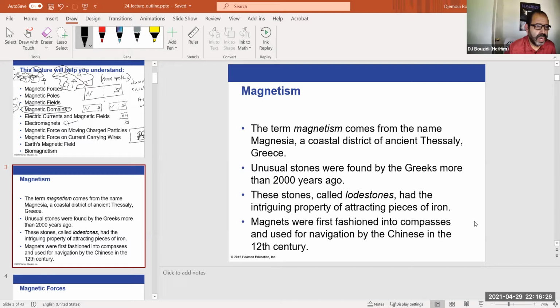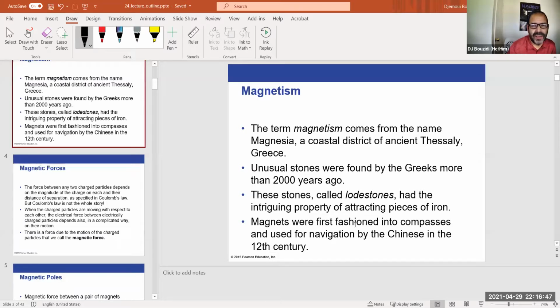These stones, called lodestones, had the intriguing property of attracting pieces of iron. Magnets were first fashioned into compasses and used for navigation by the Chinese in the 12th century. So that is really the history of magnetism.